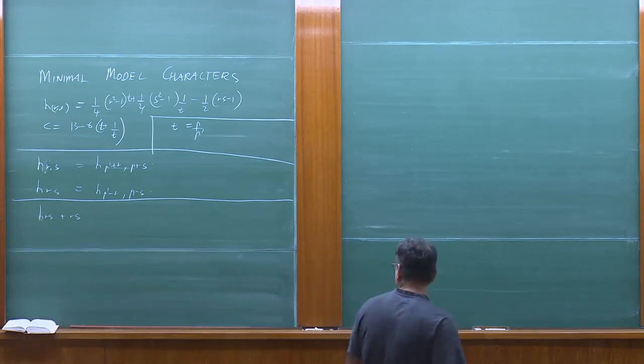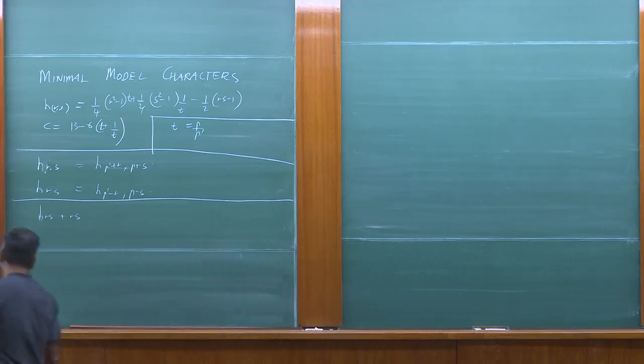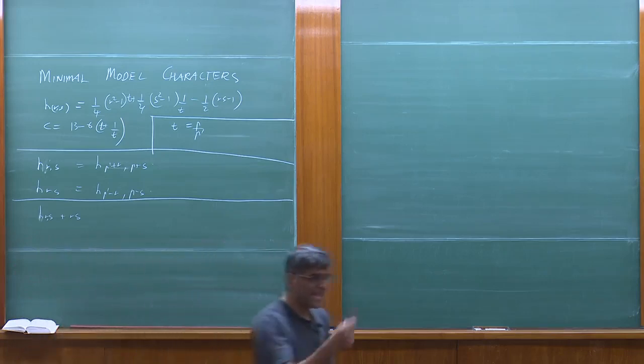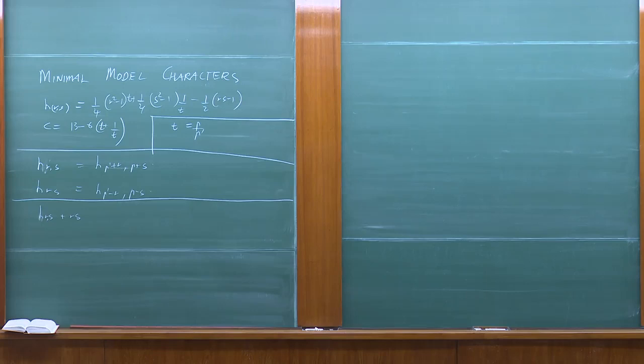Is it R comma S plus? This is H(R,S) plus the product of R with S. R and S are numbers, you just take that product. You remember that the state labeled by R comma S had a null state at level R times S. So the state labeled by 5 comma 7 has a null state at level 35. Right, so that's why that RS.